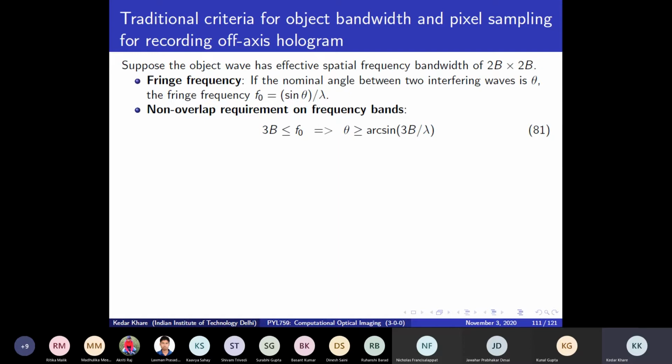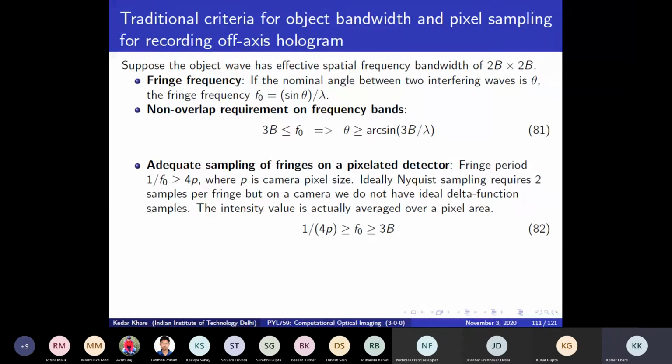As a result, theta has to be more than arc sine of 3b lambda. Did I make a mistake here? Let me check. Yes, sir. B times lambda cannot have any units, so it is 3b lambda. I think this slash came in by mistake.